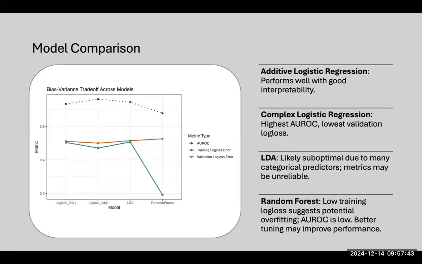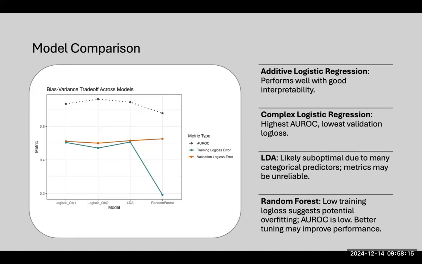This graph shows sort of a bias variance trade-off across the models, going from the additive model on the far left to the complex logistic regression model, the LDA model, and the random forest model on the far right. The dotted line at the top is the area under the ROC curve. The orange line is the validation log loss, and the training log loss is the blue. The additive model performs well with good interpretability.